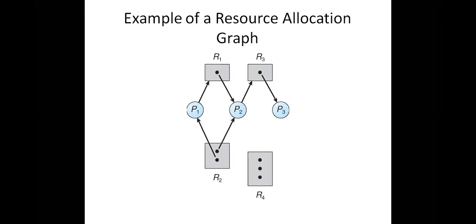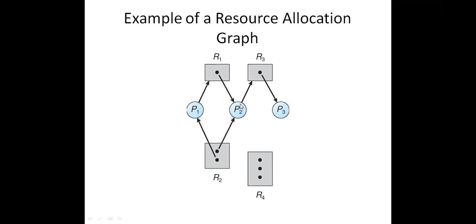So here, if you observe, follow the cursor. P1 is requesting R1. R1 is allocated to P2. So please follow the cursor. P1 is requesting for R1 and R1 is assigned to P2.